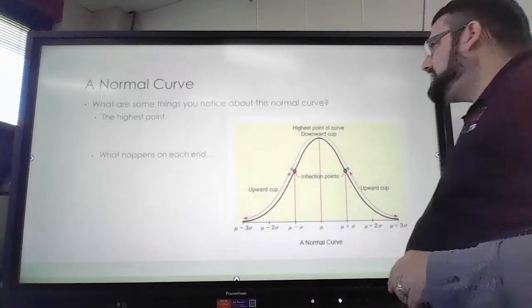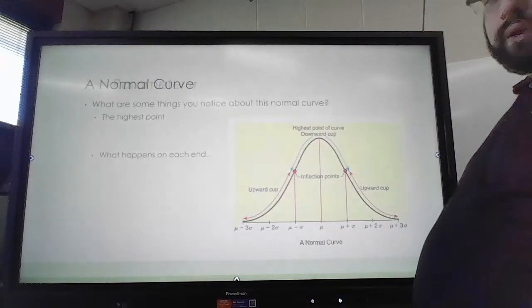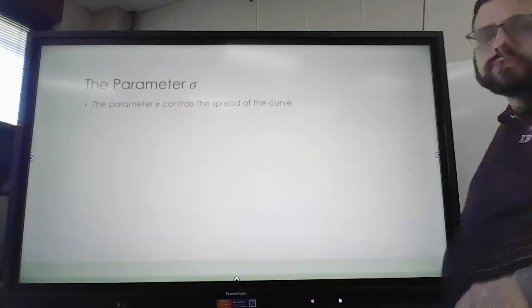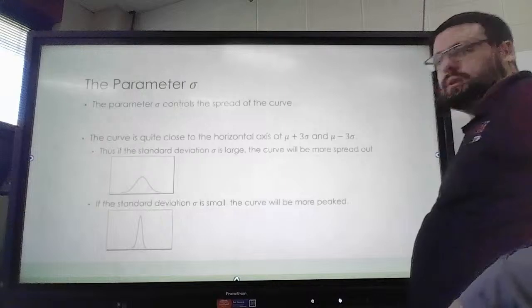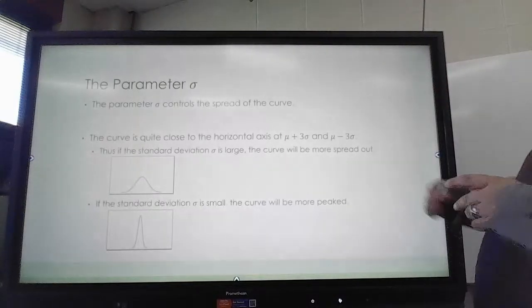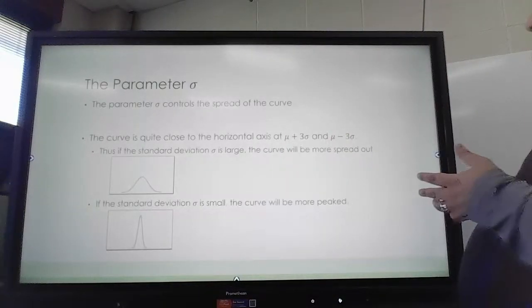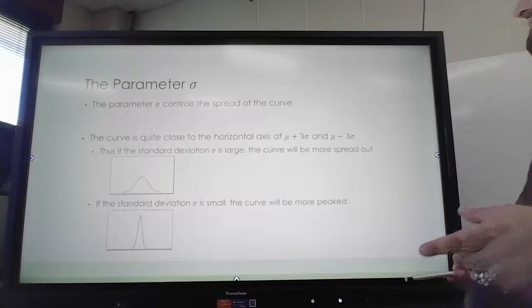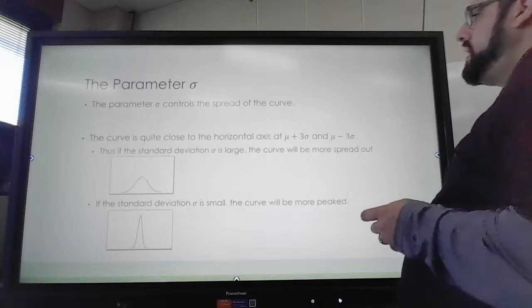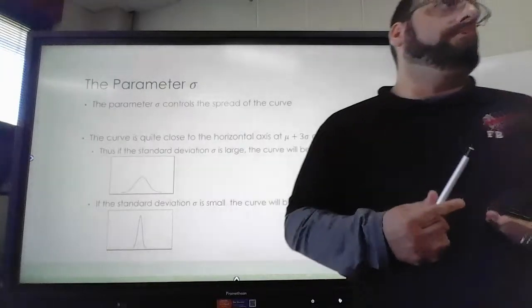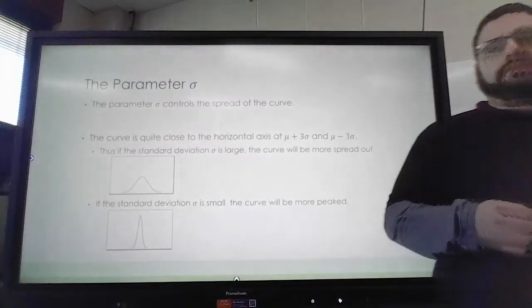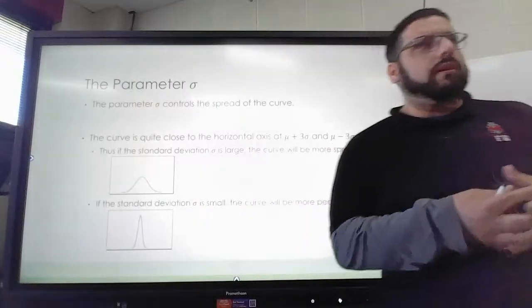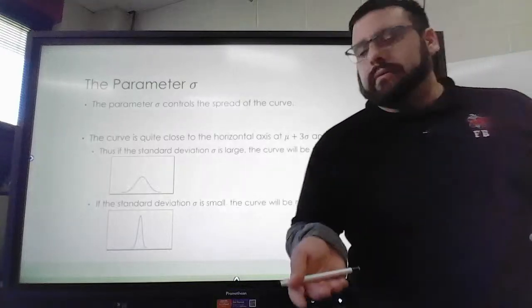Now, the mean and the standard deviation of a normal curve are super important here. The standard deviation actually controls the spread of the curve. What we're going to see here is, in this example, in both instances, the curve is close to the horizontal axis at the 3 standard deviation mark. Remember when we talked about standard deviation in Chapter 3, one of the things we mentioned was that the larger the standard deviation, the more spread out your data is.